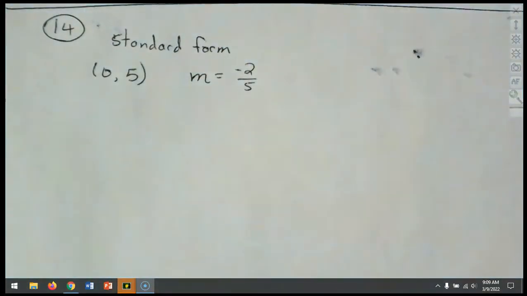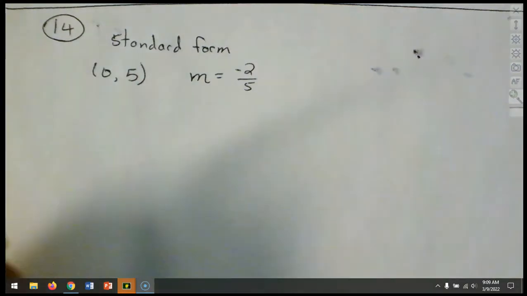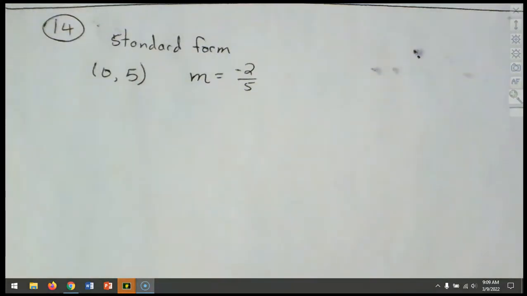And we want this one in standard form. Because we've got to get it in standard form anyways. So let's just use our point-slope formula. Even though this is a y-intercept, we could jump to the slope-intercept form, then rewrite it in standard. But let's just work it out with the point-slope formula.